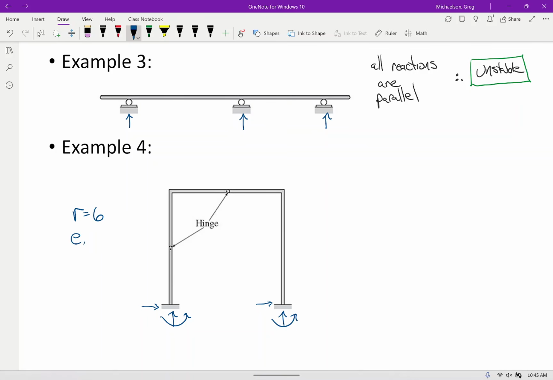E is 2. So therefore, what is that? 1. So tell me what to write. How would we classify this structure? Stable and statically indeterminate first degree. There we go. So stable.